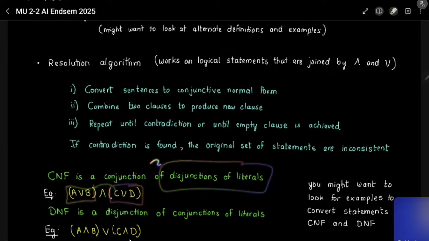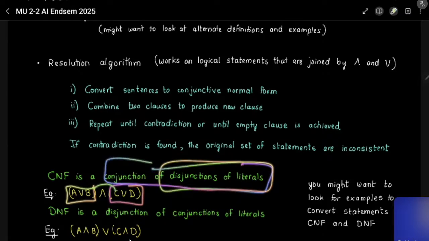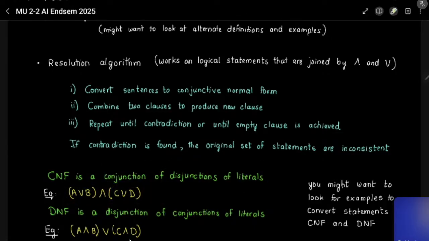So conjunction of disjunctions of literals. So this form is called conjunctive normal form. If you do the exact opposite, where you join the literals using and, and you join such statements with an or, it becomes DNF, disjunctive normal form.